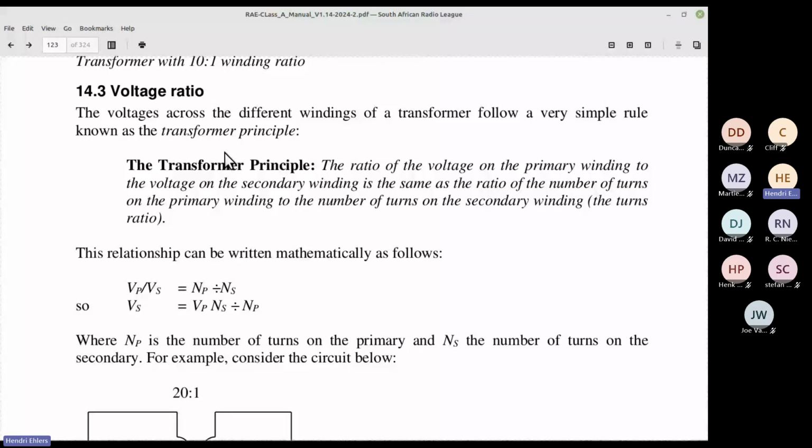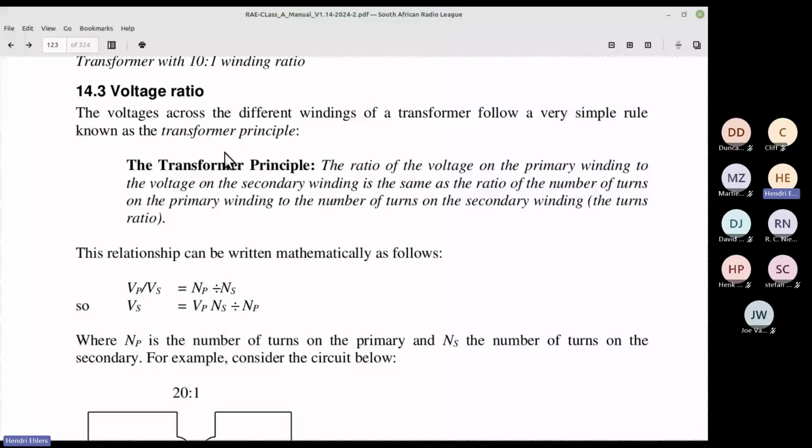The ratio of the voltage on the primary winding to the voltage on the secondary winding is the same as the ratio of the number of turns on the primary winding to the number of turns on the secondary winding, the turns ratio. So what they basically say is that there's a direct relation between the ratio and the amount of turns on the primary side and the secondary side.